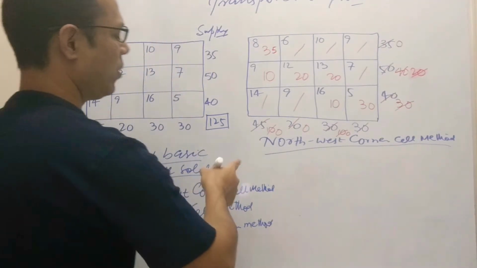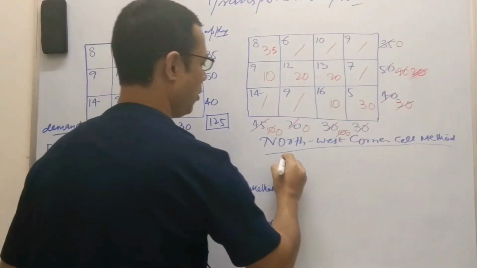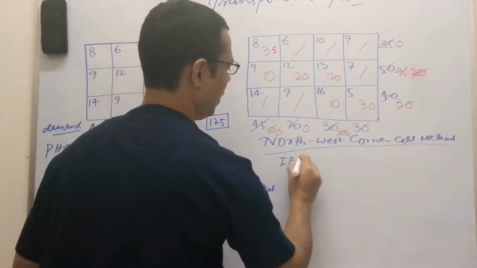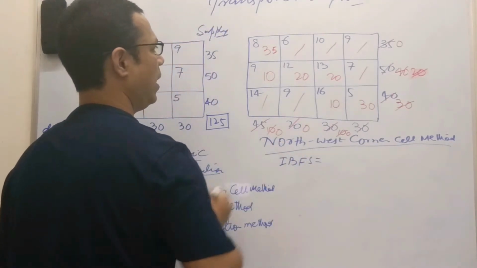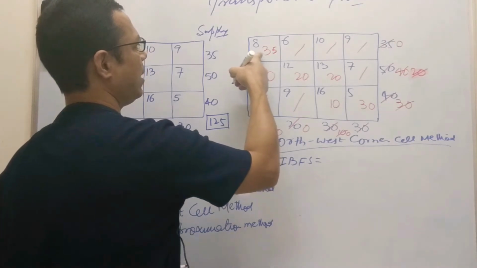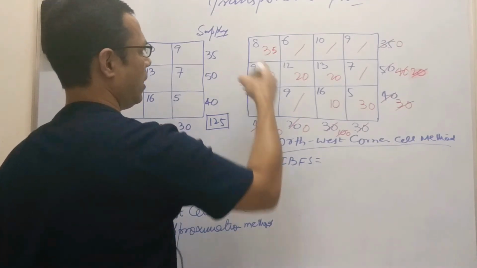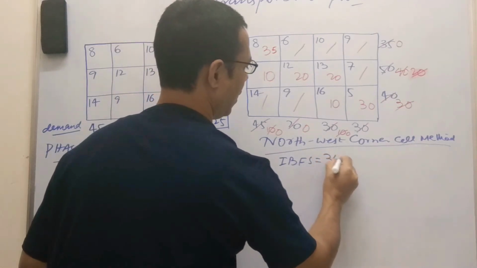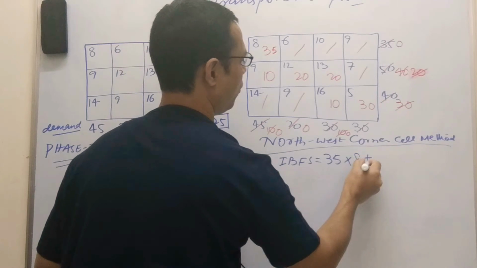So that is how to apply the northwest corner cell method. It is very simple to find the initial basic feasible solution by applying the northwest corner cell method. You just need to multiply the quantities with their per unit costs. So 35 into 8, this is the allocated cell. We need to go through all allocated cells.